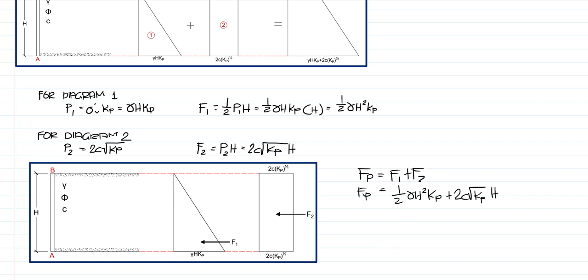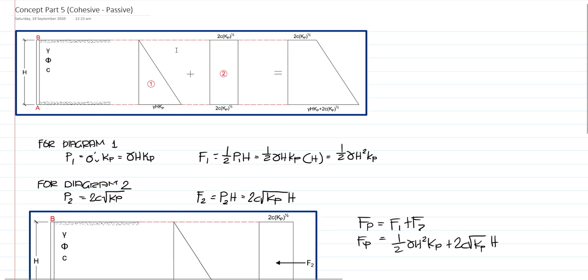So, syempre, alternatively, pwede rin natin kunin yung passive earth force na yon by simply having our resulting diagram. So, for our resulting diagram, ito siya. So, as you can see, trapezoid siya. So, same rule para makuha natin yung values dun sa resulting diagram natin.